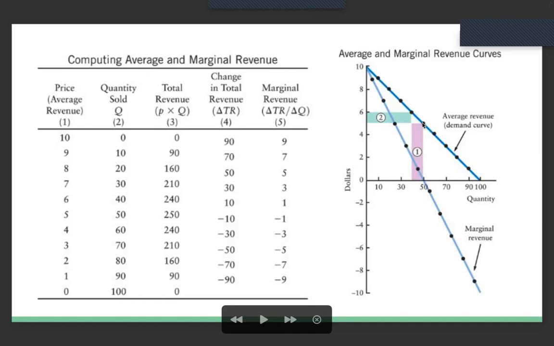So let's say I move from 50 units to 70 units. Then I'm not just reducing the price for the 20 units. I'm reducing the price for all 70 units from, let's say, 5 to 3. So that means that that decrease in all the units needs to be compensated by even a lower marginal revenue. And that's why the marginal revenue keeps on falling down and down, and is below the demand curve, which is the average revenue curve. So these are the curves that a monopolist faces.